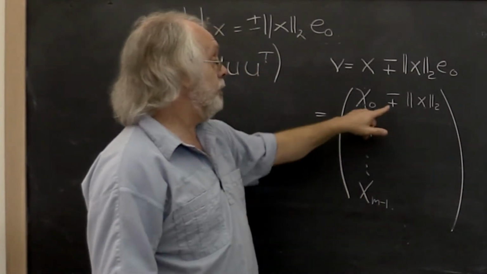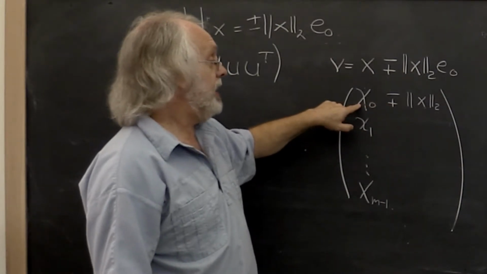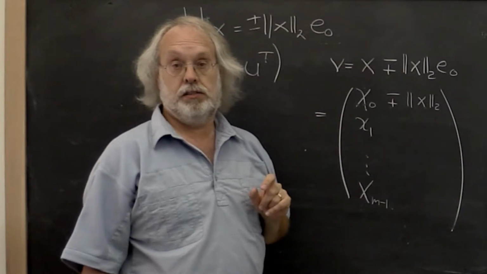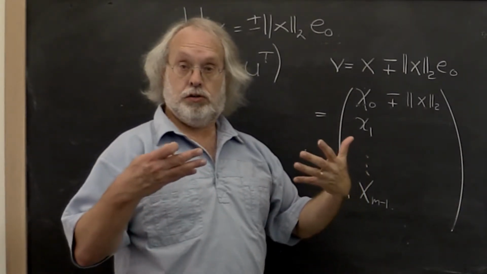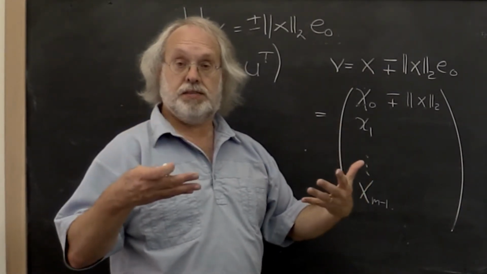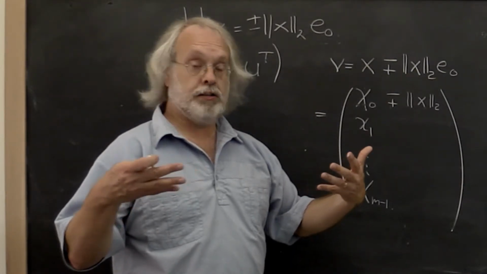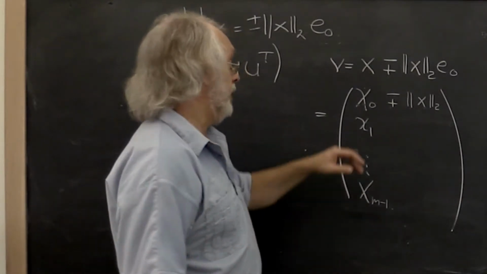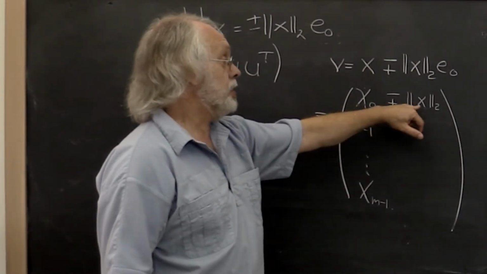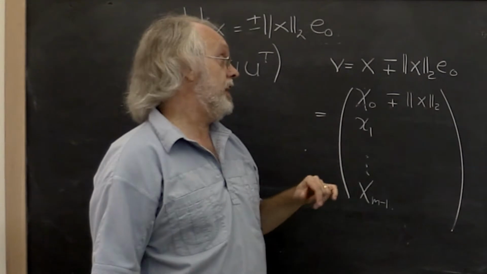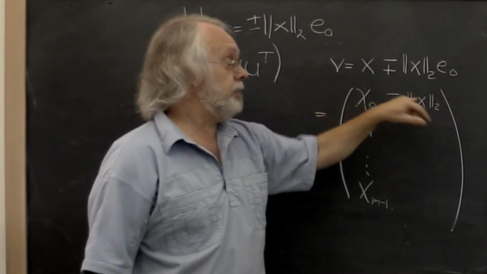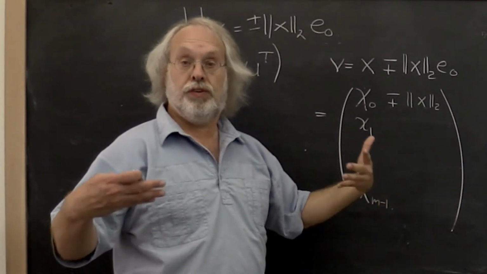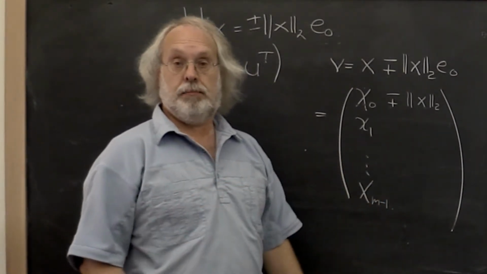Notice that we can easily avoid that by saying, if chi0 is positive, then we should add the 2-norm of x, because then you're adding two values of the same sign, and that automatically avoids catastrophic cancellation. Alternatively, if chi0 is approximately equal to minus the 2-norm of x, then you would want to subtract off the 2-norm of x, because again, that means that you're adding two values of the same sign.